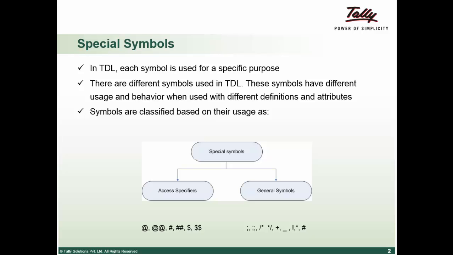Some special symbols are used as access specifiers and mainly are used for accessing the value of a method or a variable, field, formula, and some are for general purposes like giving a comment or for adding or subtracting. So we have two categories: access specifiers and general symbols.